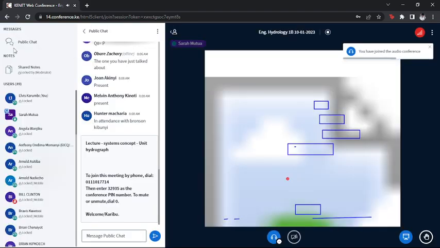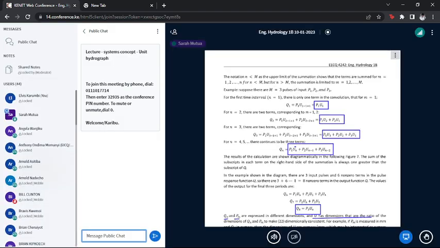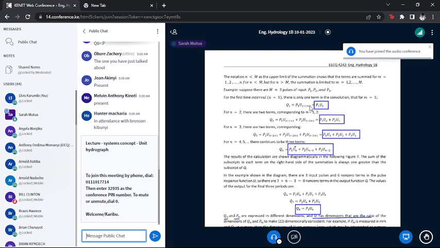plus 1. We need to be able to determine that.